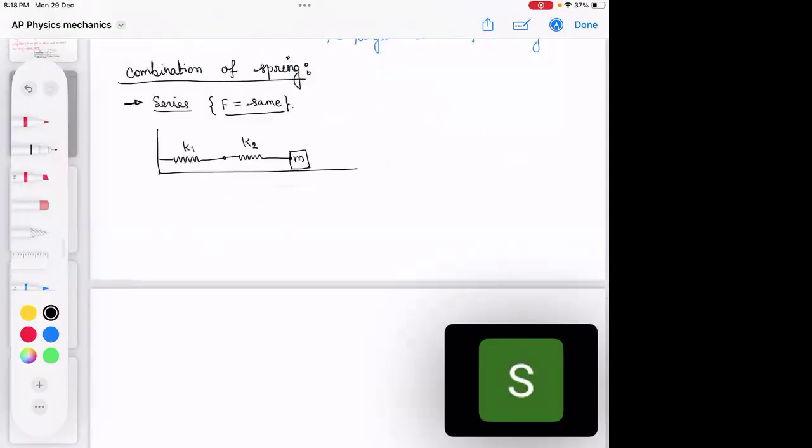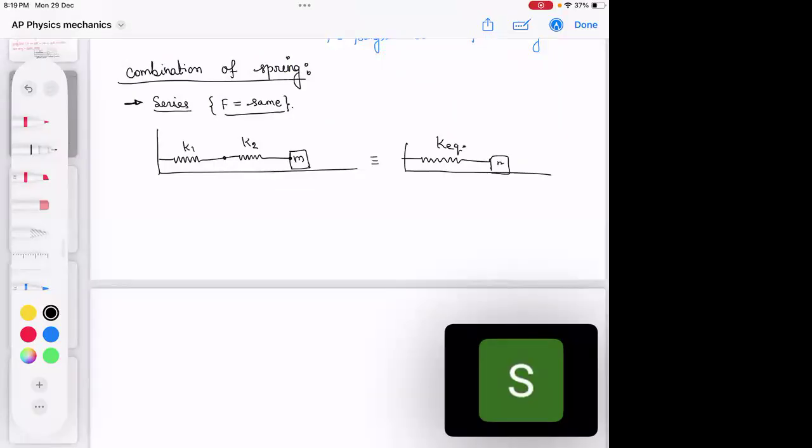So these two will be called a series combination of springs, or we say these two springs are connected in series. In series combination, if I want to replace it by a single spring, I will use K equivalent.